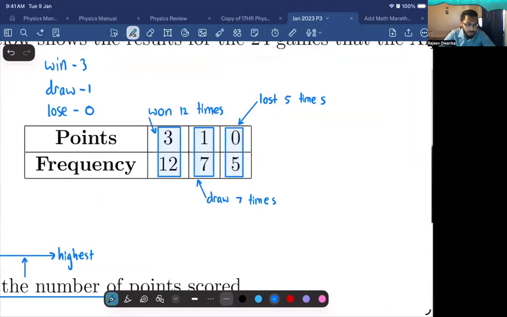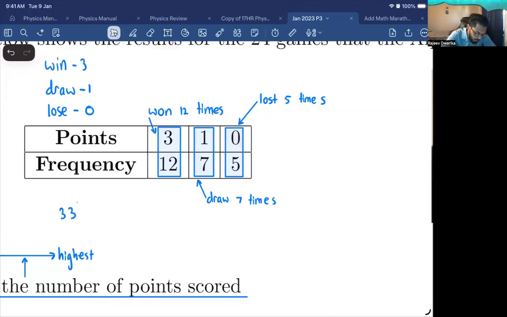So Nikolai, we just said that the team won 12 times, yeah? So if you were to arrange the data, how many times do you see 3? 12 times, sir. Okay, is there anybody confused by that?